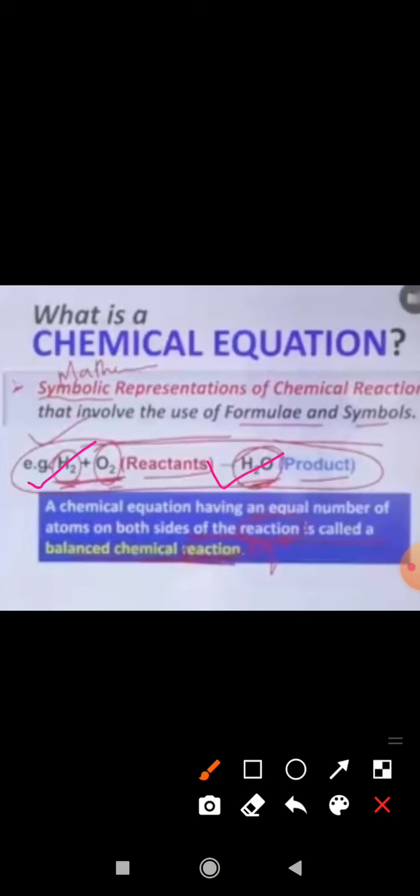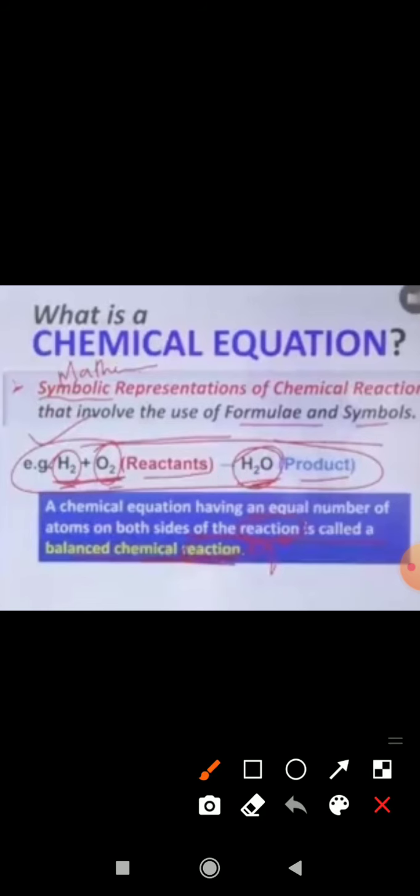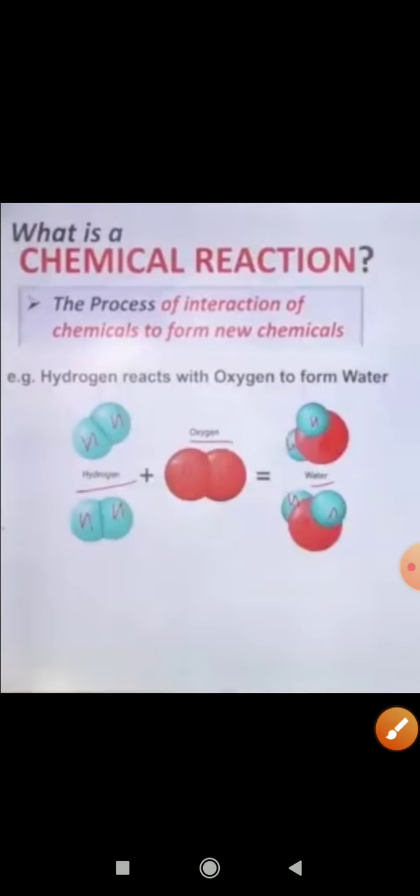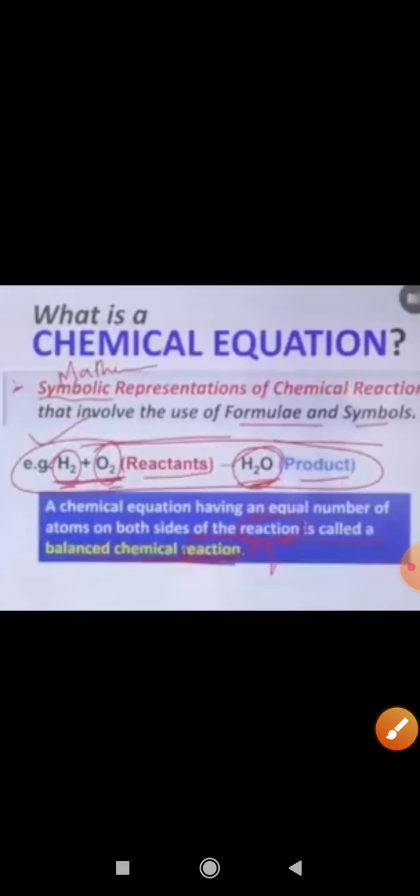So this is balanced for hydrogen: the right side and the left side both have an equal number of hydrogen atoms. But there is no equal number of oxygen atoms, so it is not a balanced equation. We have to make it balanced. How to do it, I will tell afterwards. I hope the concept of chemical reaction and chemical equation is easy to understand.